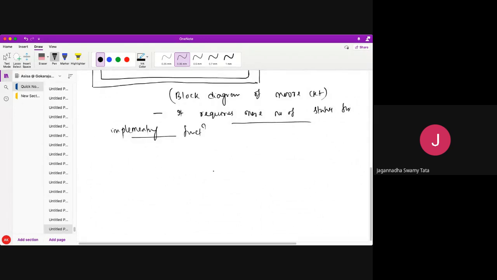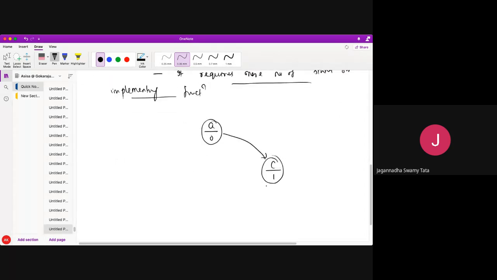And how does the state diagram look? State diagram will be like this. Please look into this. I'll explain all these things, don't worry students. I'm just drawing how the state diagram of a Moore circuit looks, then I will explain. Let's say this is 0. I'm just giving one example, nothing else.